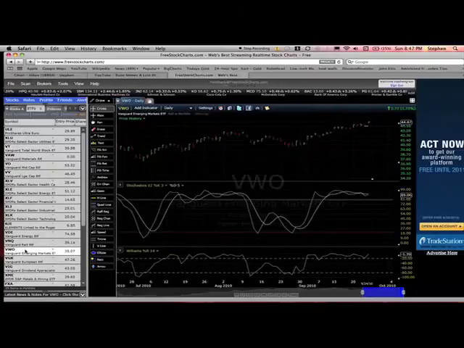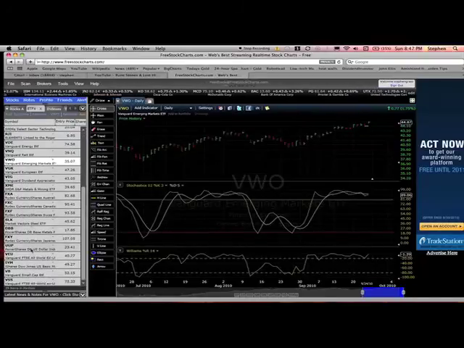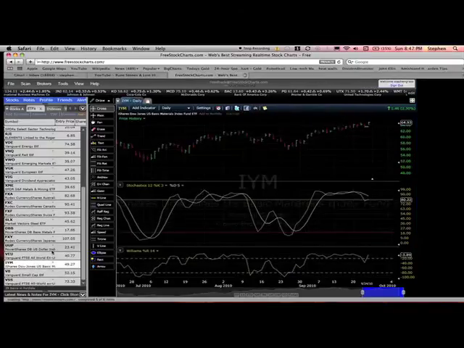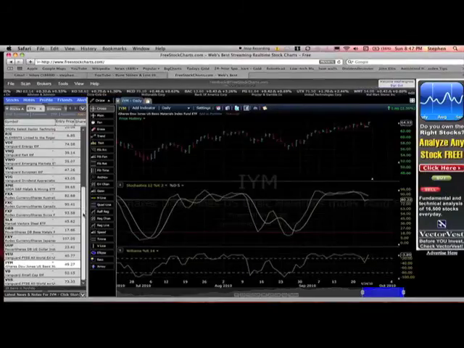Vanguard Emerging Markets, a little floundering, but on the right after the 23rd, we start our climb. And here we have the iShares Dow Jones US Basic Materials Fund. These are materials, being tangible assets.